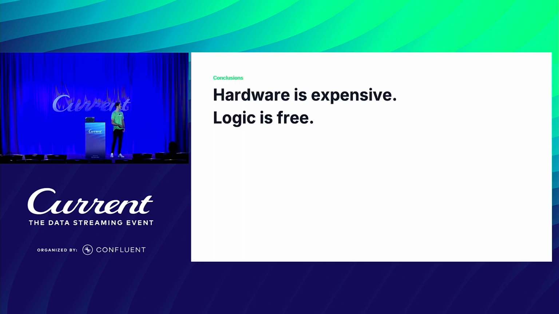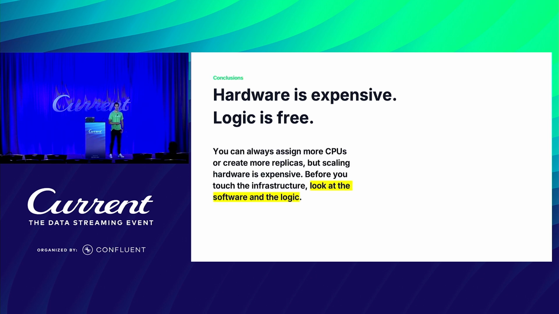First of all, hardware is expensive, but logic is free. If you have slow queries or queries that are processing a ton of data, before you go and scale your infrastructure vertically or horizontally, first take a look at your logic. These are incredibly low effort but very high reward changes that can massively improve your project.